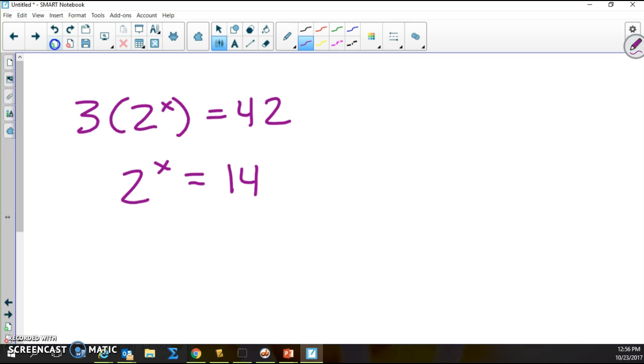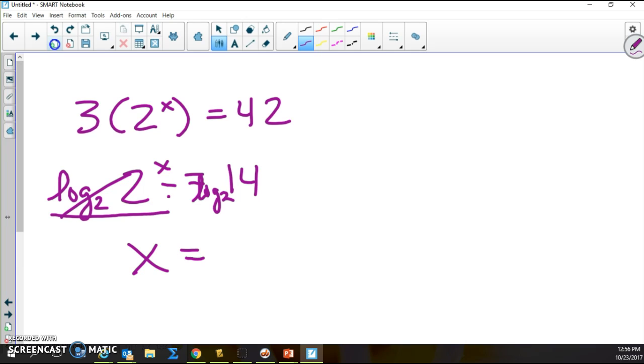We can take log base 2 on both sides. Again, log base 2. Well, this is saying 2 to what power is 2 to the x? Those are inverses. That yields x. The log base 2 of 14.